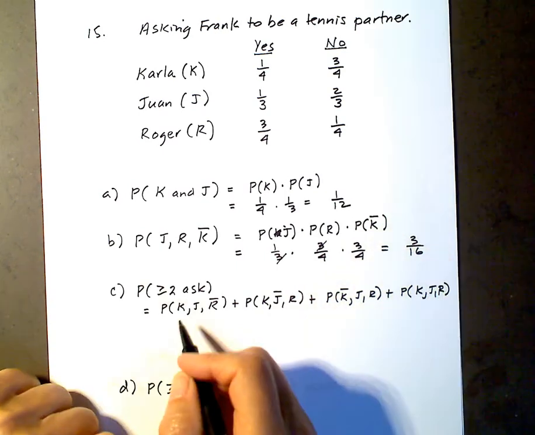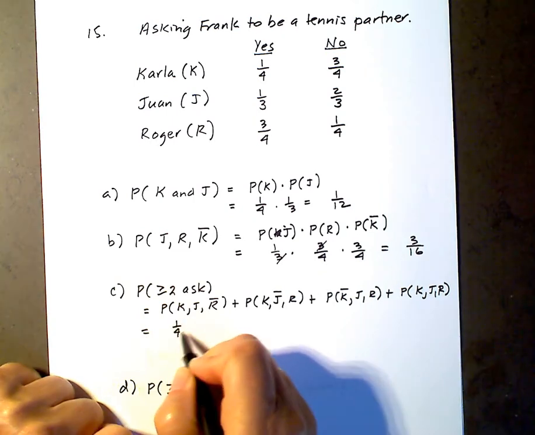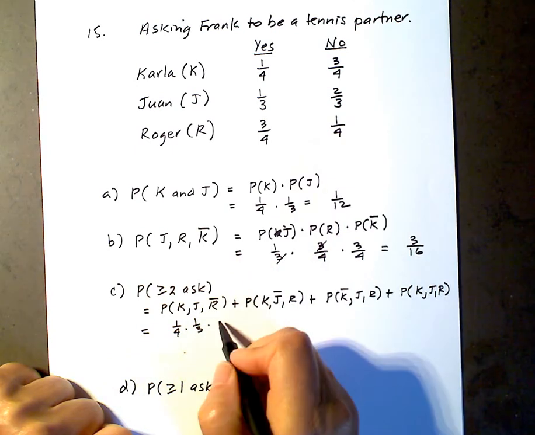So then we've got a lot of little products. This is going to be 1/4 times 1/3 times not Roger, so 1/4.